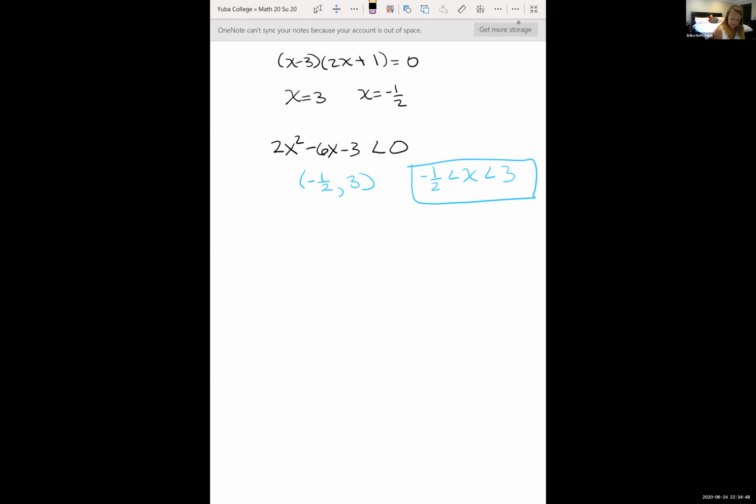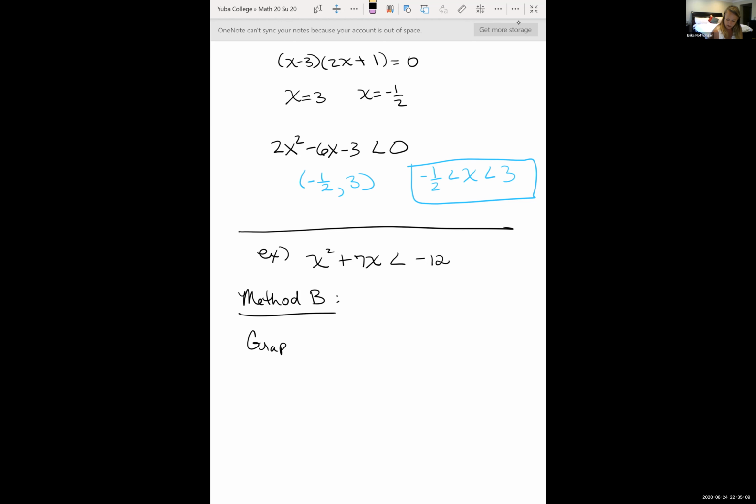This one would be nice. So if we had x squared plus 7x is less than -12. So the other method: graph both sides of the inequality.